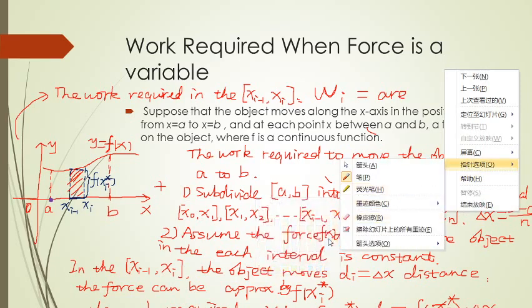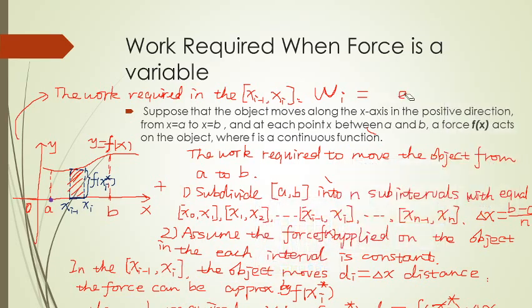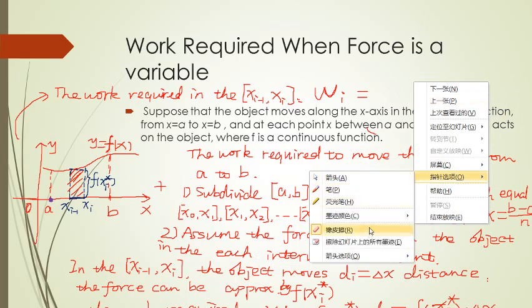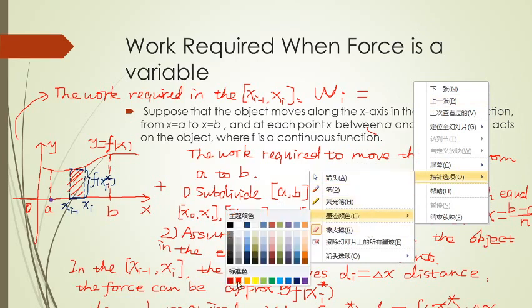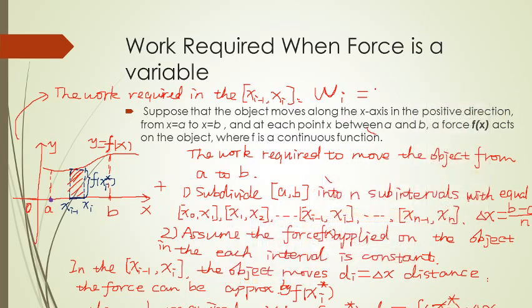Let me write the notation. That is Ai. What does this Ai mean? That is the area of the i-th approximating rectangle.